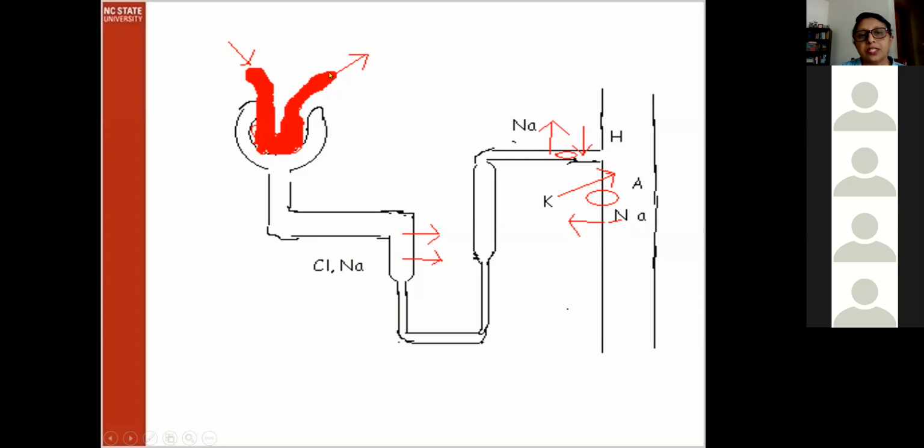But if the efferent is dilated, what will happen? The outflow is increased. This is also dilated, which means the pressure inside the glomerulus will be reduced. So the intraglomerular pressure is reduced. ACE inhibitor decreases the intraglomerular pressure, and when the intraglomerular pressure is decreased, filtration will be reduced.